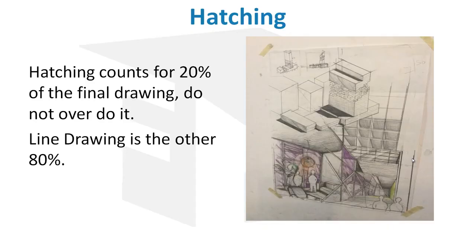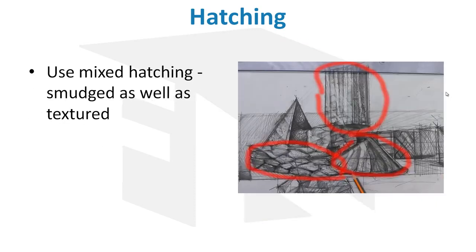Just a bit about hatching. Obviously, you are tempted to think it's important. It complements the line drawing, but as I said before, it's just 20% of the final drawing, so don't focus on it too much. You see the design on the right hand side in the picture, it looks good just with line drawing and a bit of shadows.